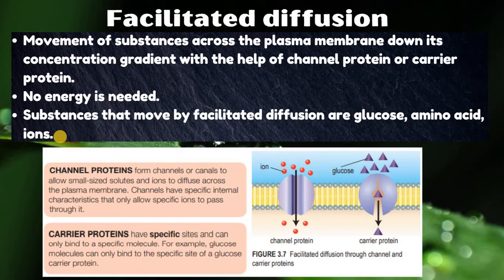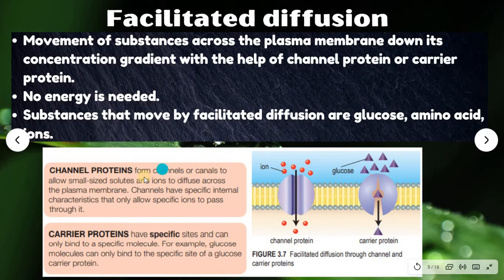So let's go to the diagram here. We already discussed the protein molecules in the previous video. The protein molecules can be divided into two types, channel protein and carrier protein. So this is a channel protein, this is a carrier protein.